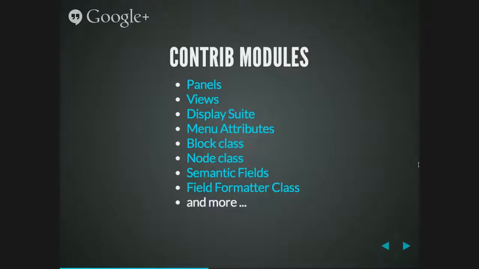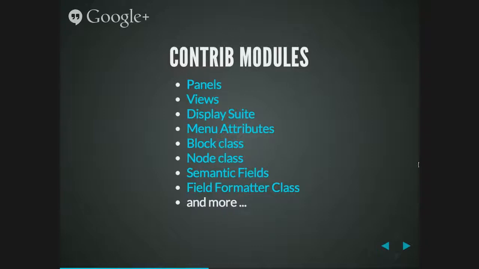So panels, views is really great for getting this stuff in, but there's one hitch there. Display Suite, super great for getting classes on your fields and all over the place. Menu attributes for menu items. Block class for blocks, obviously. Node class, I don't have an example of this.